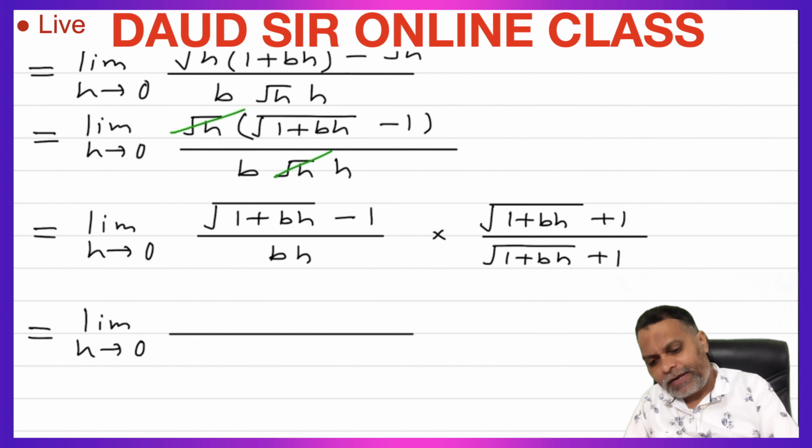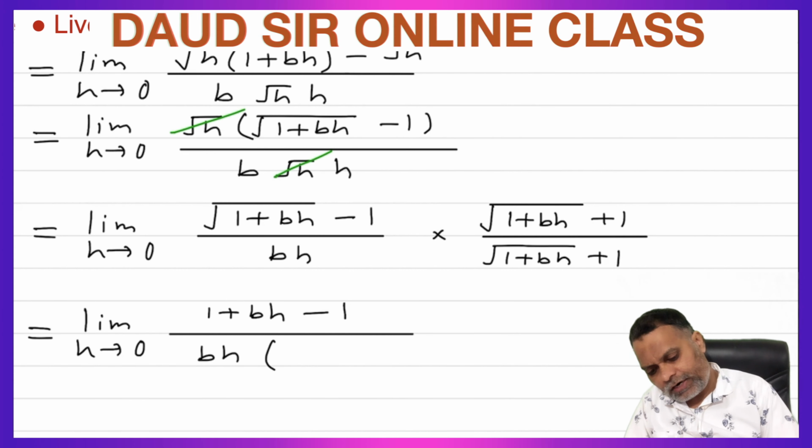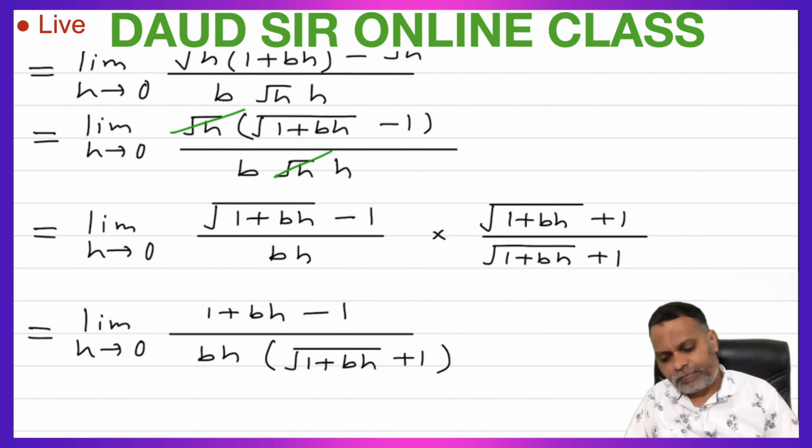In numerator, apply the identity a minus b into a plus b, a square minus b square. Under root 1 plus bh squared minus 1 squared, and denominator bh into under root 1 plus bh plus 1.